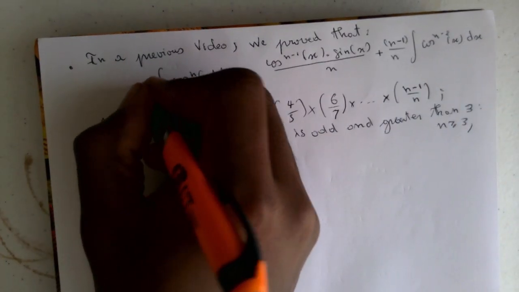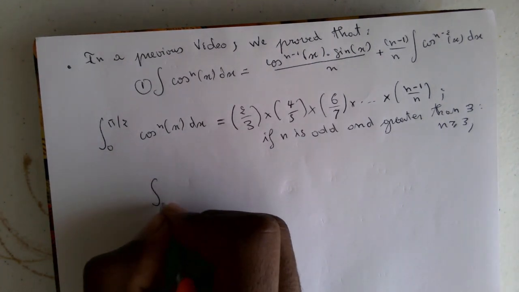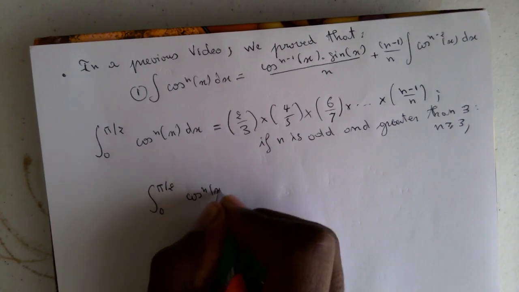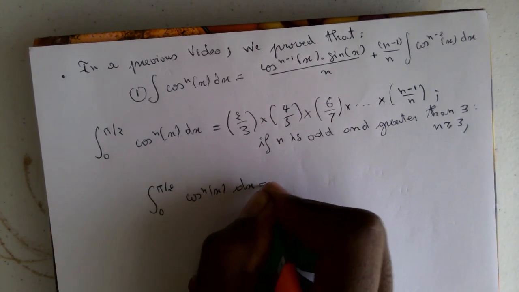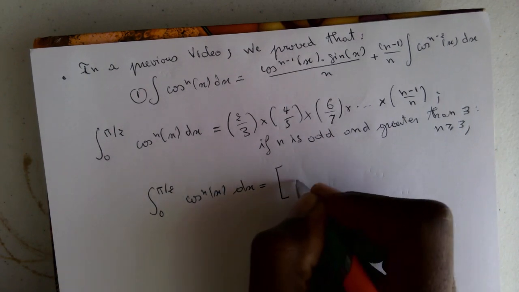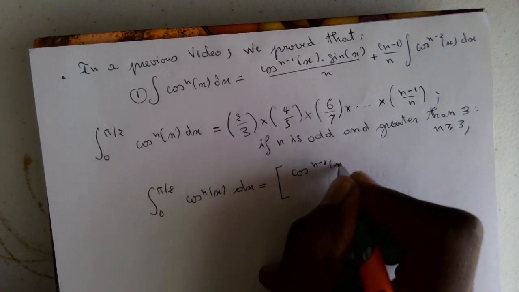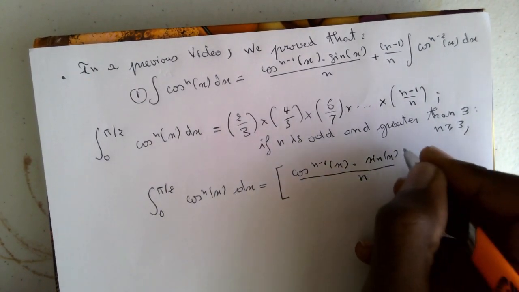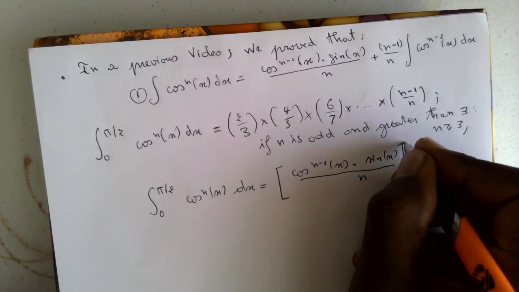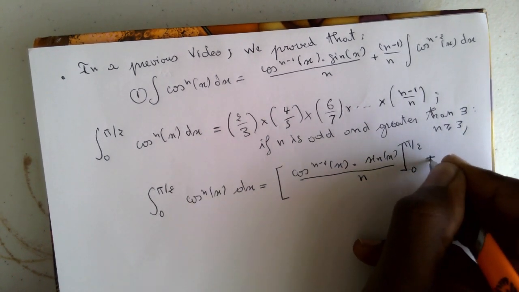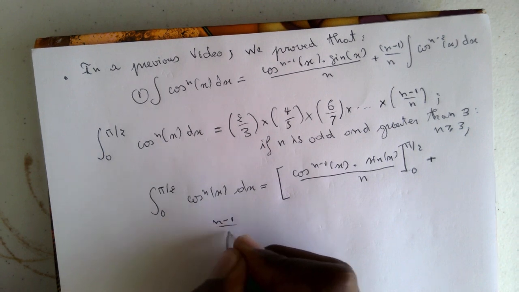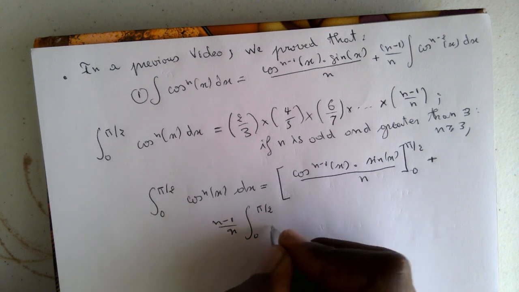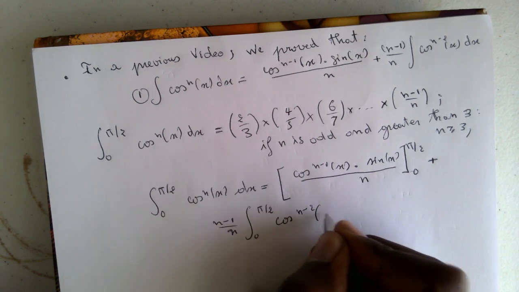As we said, we're going to use this formula right here. The integral from 0 to pi over 2 of cos to the power n of x dx is equal to cos to the power n minus 1 of x times sine of x over n, evaluated from 0 to pi over 2, plus n minus 1 over n times the integral from 0 to pi over 2 of cos to the power n minus 2 of x dx.